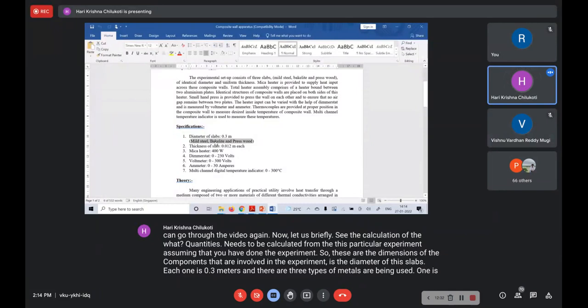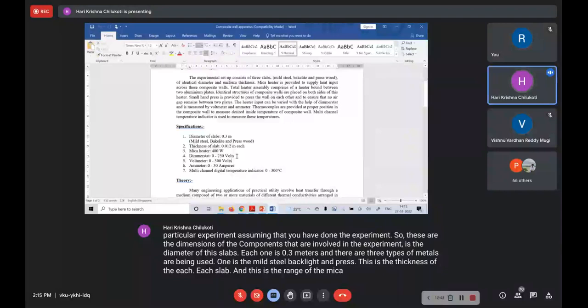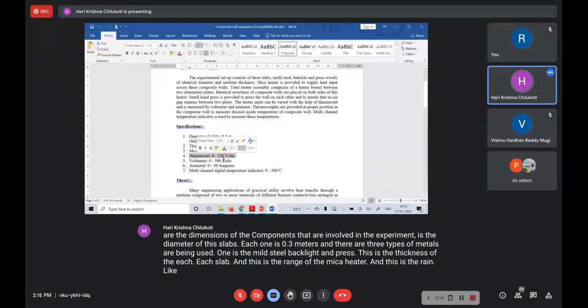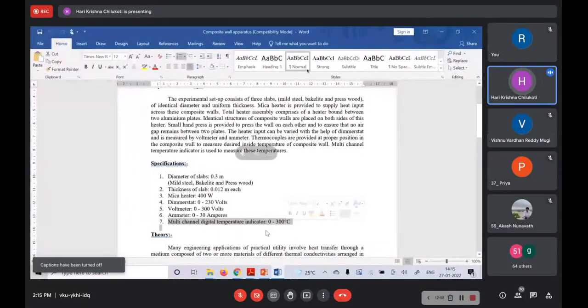One is mild steel, bakelite, and pressed wood. This is the thickness of each slab, and this is the range of the mica heater, and these are the ranges for the three other components. Those are the dimmer, volt and ammeter. And using the multi-channel digital temperature indicator, you can find out the temperature between 0 to 300 degrees Celsius.